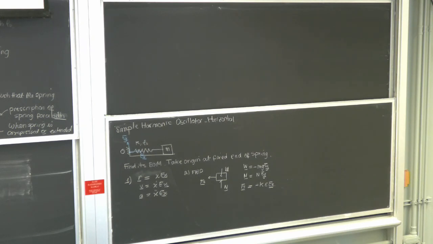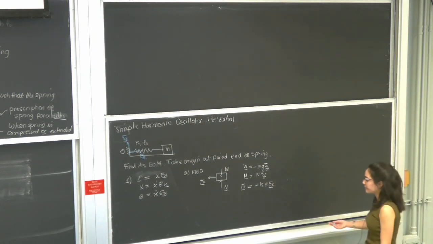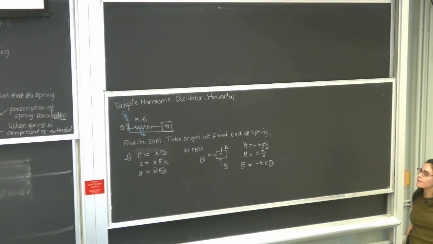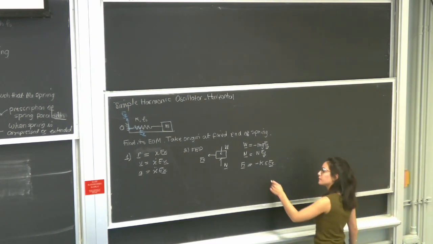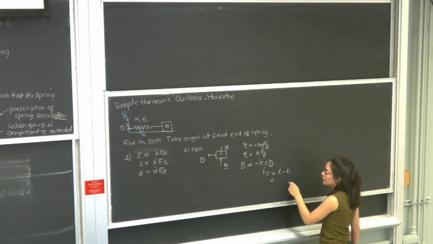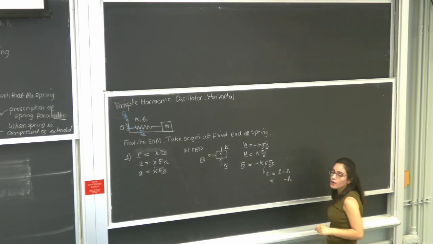Now, how can I write epsilon in terms of x? What is epsilon equal to? Exactly, L minus L naught. L naught is the unstretched length of the spring. Say it's given. What about L?